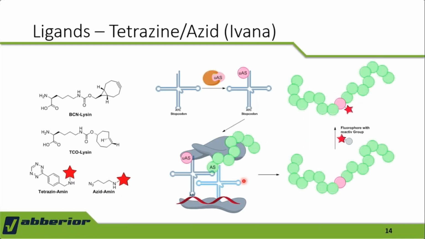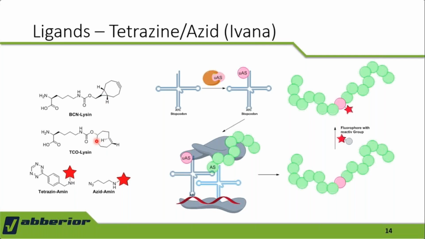And the third example are tetrazine and azides as reactive groups. What we do with this is that we have these unnatural amino acids. Here are two examples, these modified lysines, where we have this cyclic octene or octyne rings, or cyclic heptene rings.